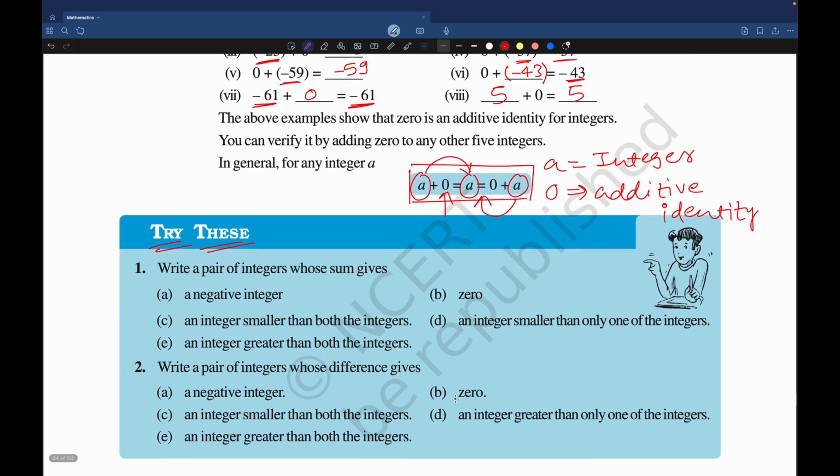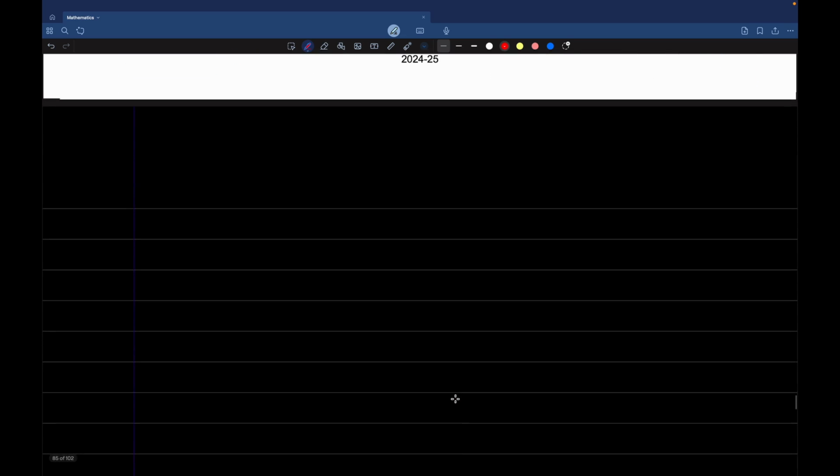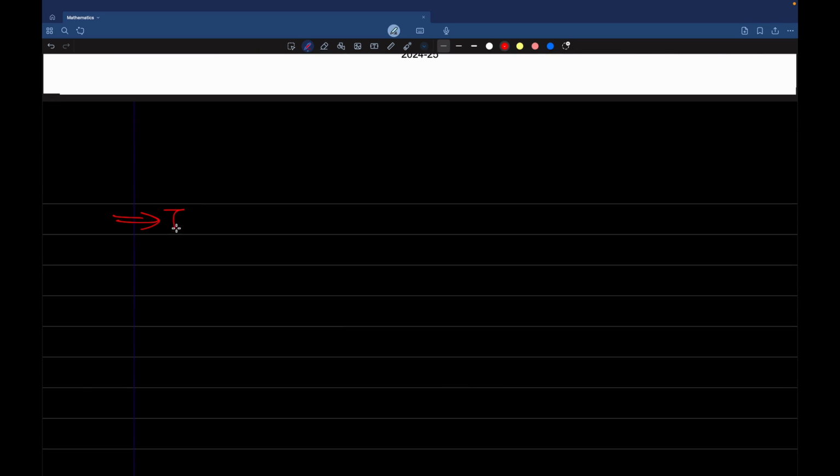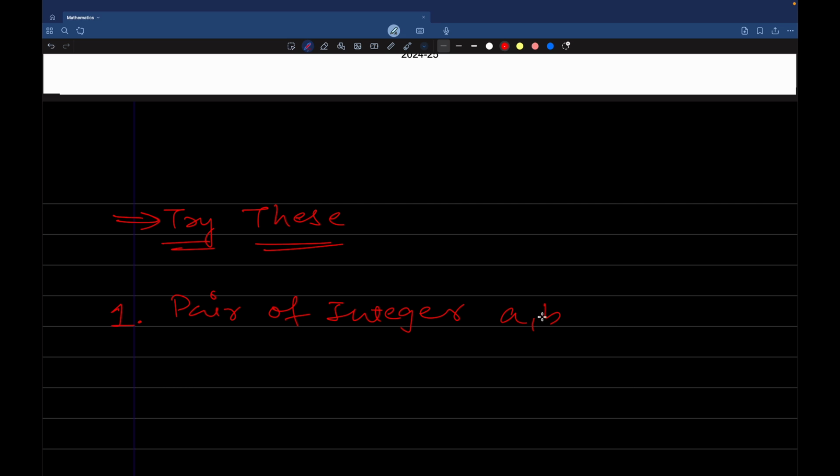Now let us try this. Question number 1 says that we have to write a pair of integers a comma b, and we can choose a comma b from 0, plus or minus 1, plus or minus 2, plus or minus 3 and so on.